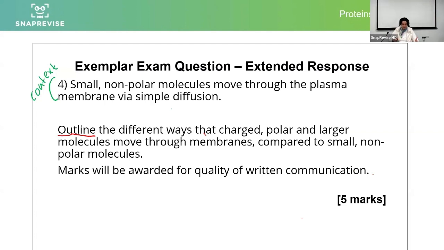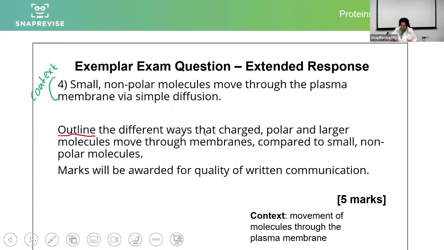So my context is the movement of molecules through the membrane. My command is to describe, basically outline or describe. The only challenging thing I would say is that sometimes the word outline might actually mean describe, but always refer back to the exam technique session that we did in the beginning.